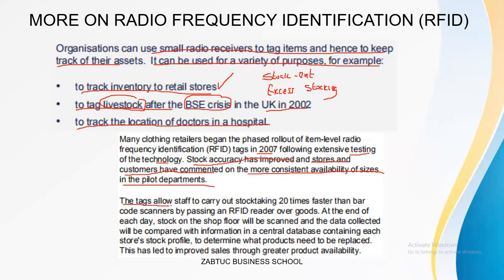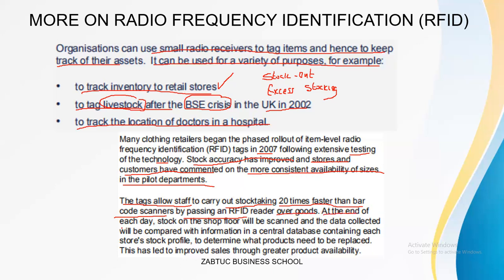Further, the tags allow staff to carry out stock taking 20 times faster than a barcode scanner by passing an RFID tag reader over the goods. That's over the goods, so they can capture everything.